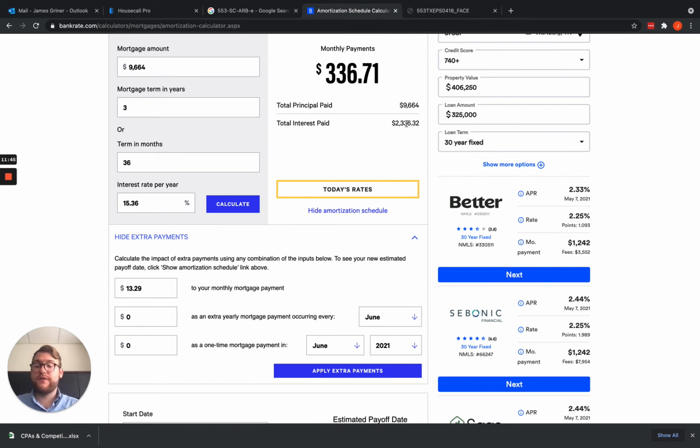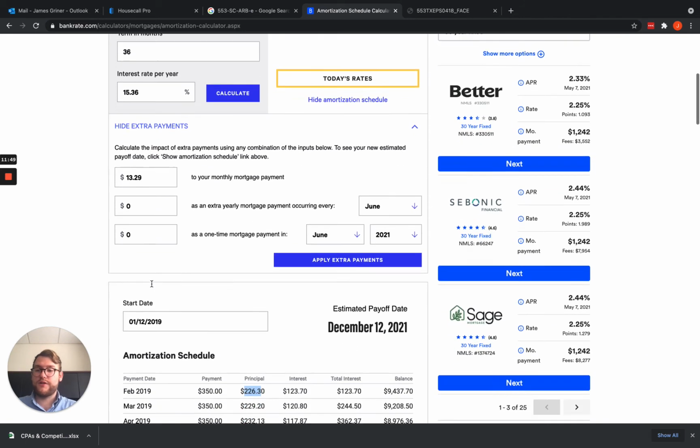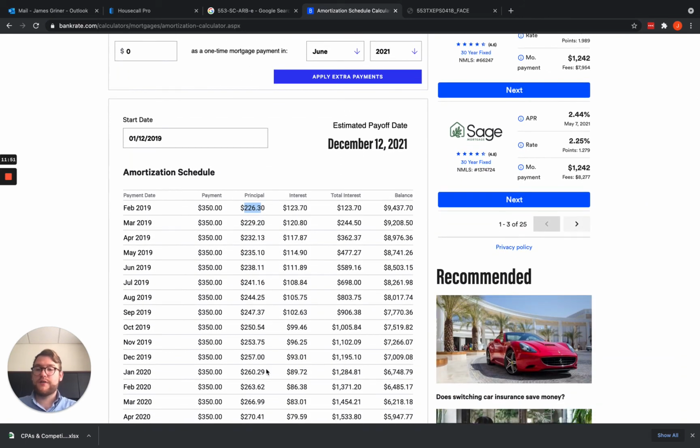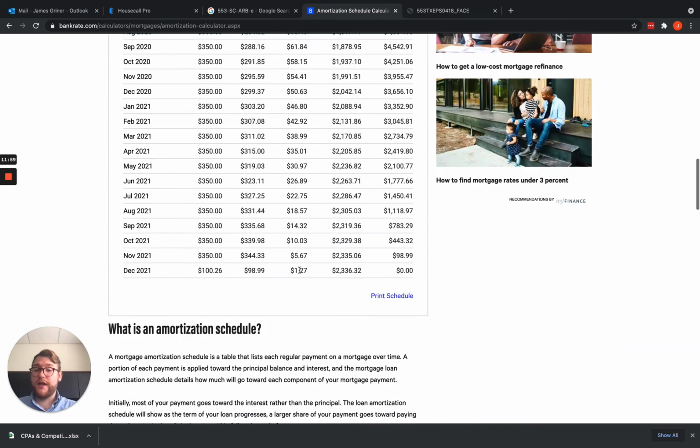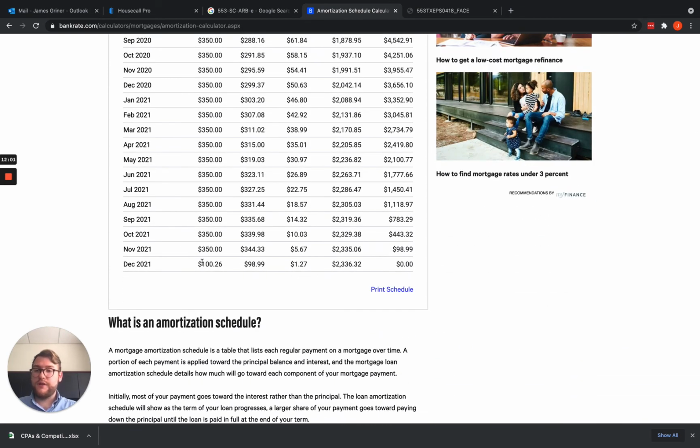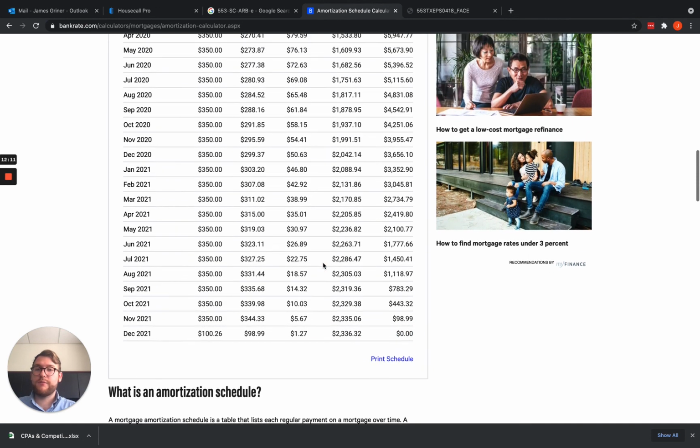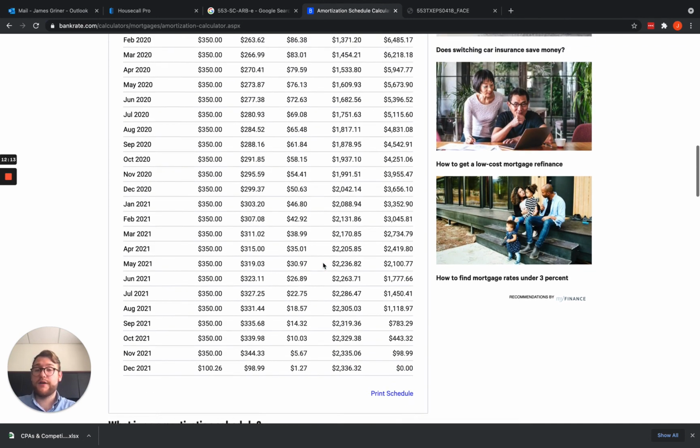So you're going to save over $100 in interest by paying that extra $13. But that's also going to change your interest payment. So after the first month, your interest payments every single month after that are less. And ultimately, you will be paying off a month early, and your final month will have a lower amount due. So that's very important to remember there, just because you're paying it off quicker.